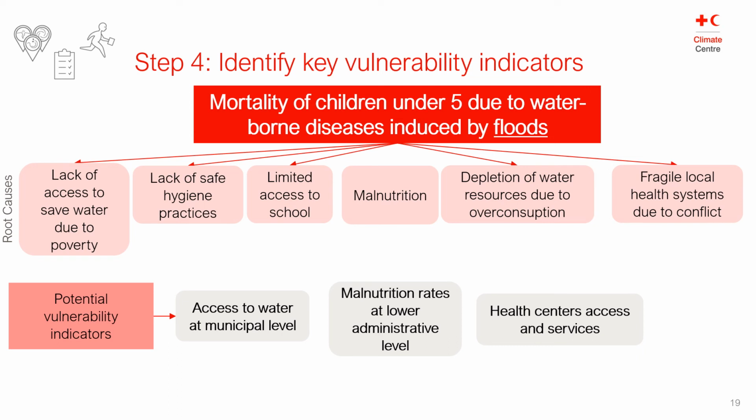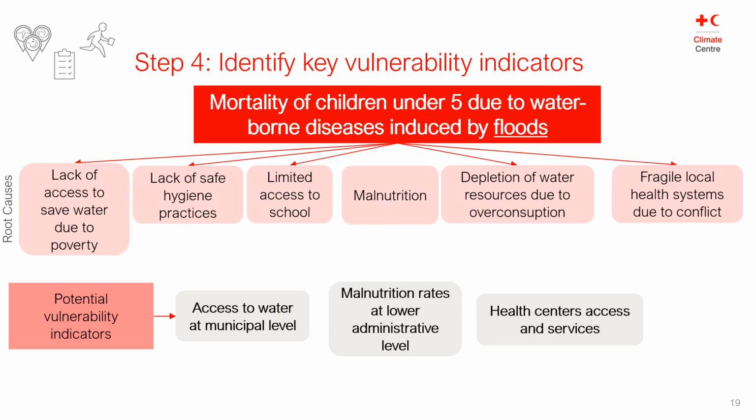You could also have data sets of malnutrition rates at very low administrative levels. You can have information on health centers, where they are located, what services they provide, and what type of work they are doing.